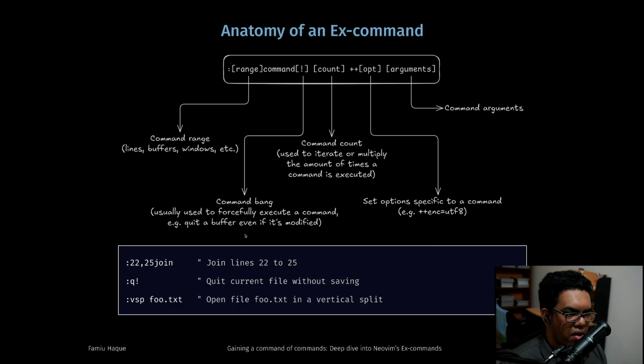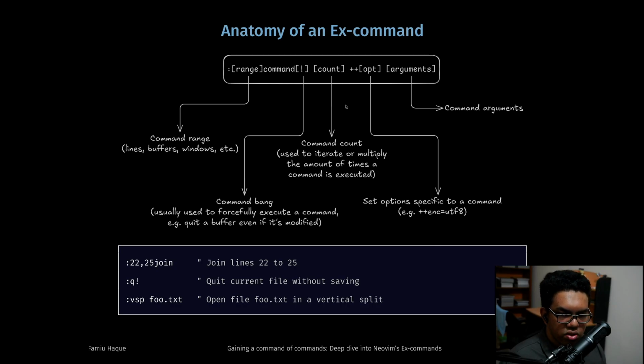It's called the command bang, and it's used to mean that you're gonna force the command to do something. So if you do :q or :quit, it quits the current window. But if it's modified, then it won't do that. So if you do :quit! or :quit bang, then it forces the window to close even if it is modified. So when you see this exclamation mark, it basically means force some kind of action.